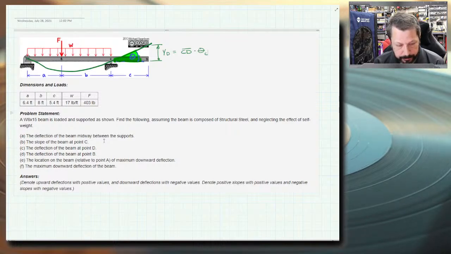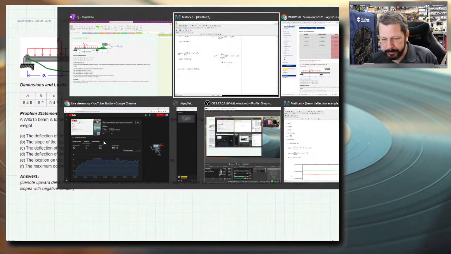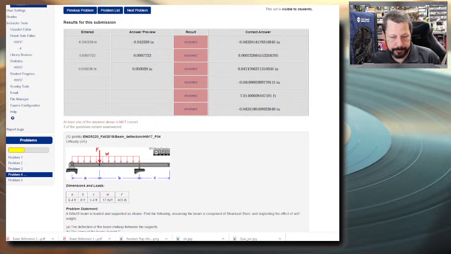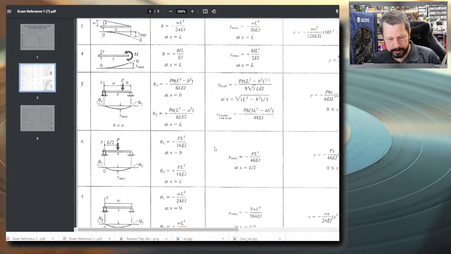So this is not an equation at all. We have the equation of the elastic curve, but we have two things going on: the distributed load and the point load. They do have y max for each of them, but that's not both of them.